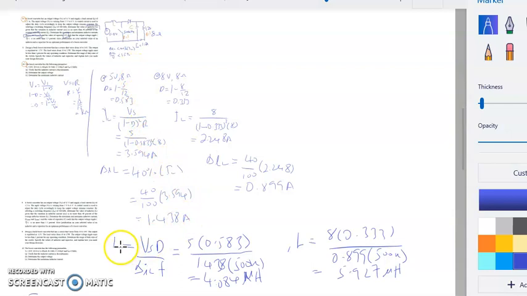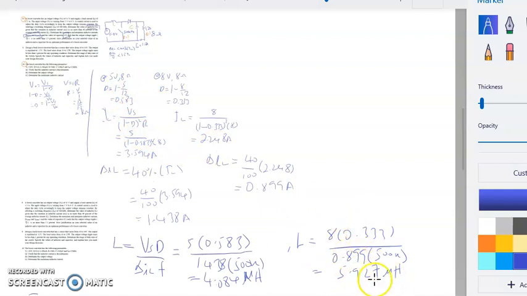We have this formula inside the books: L, the value of our inductor, is equal to source voltage times duty cycle divided by delta IL times frequency. For 5 volt input and 8 volt input, we should calculate separately, so the requirement of inductor value is different between these two levels.